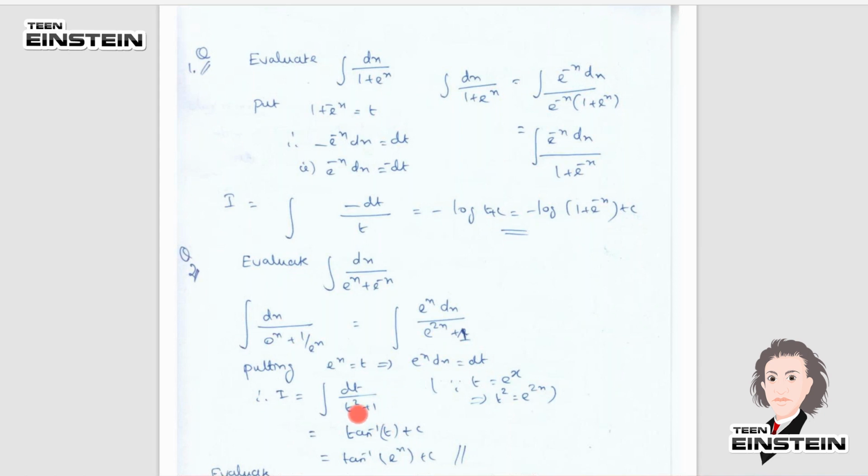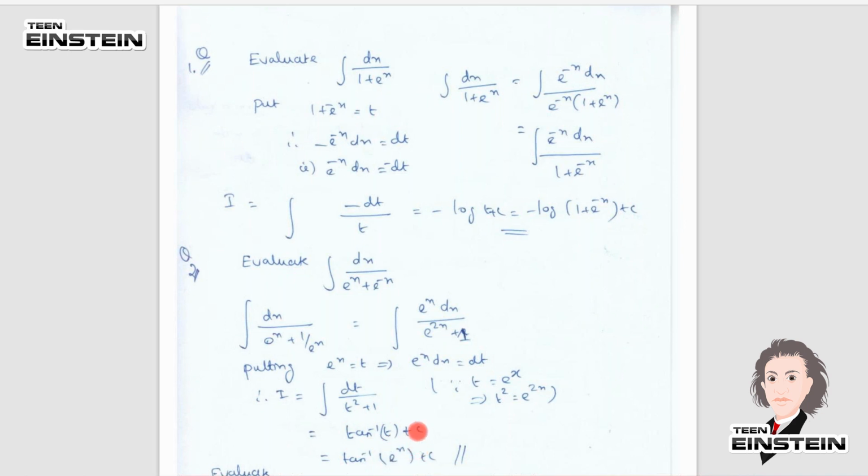I have t square plus 1. Instead of a square, I am having 1. In the place of x, I am having t. t is my variable. So how can I write 1 by a tan inverse x by a? The formula is 1 by a tan inverse x by a. So 1 by 1 tan inverse t by 1, plus constant of integration c.